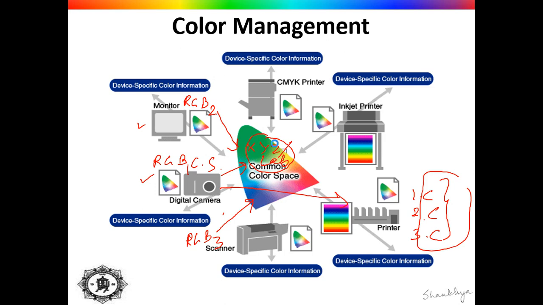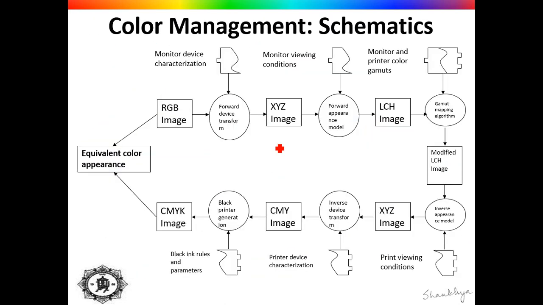Now take a look at this particular picture. We have an input device where the images are in a particular RGB color space. RGB is a device dependent color space, we are converting it into device independent color space, and from here we are converting them back into the output color space, which is again a device dependent color space.